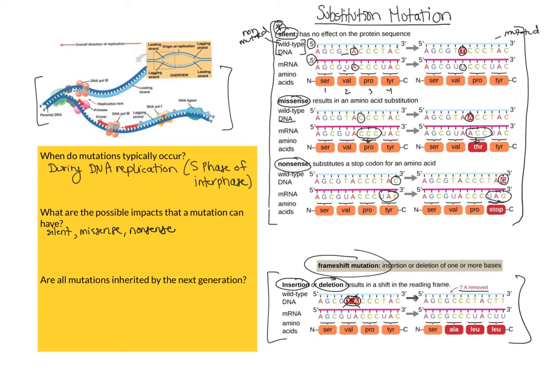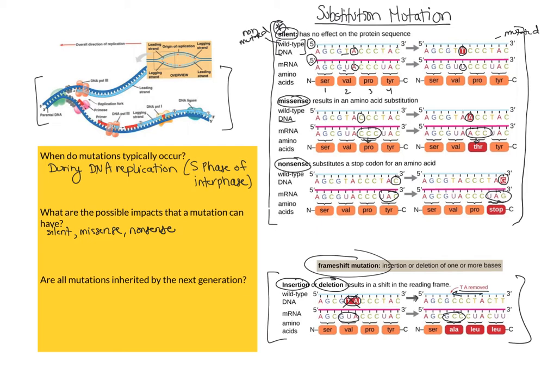And what that does, you'll notice that not only does it change that codon, right, that used to be GUA, but now is GCC, but every codon after that also gets affected because the whole sequence shifts up.